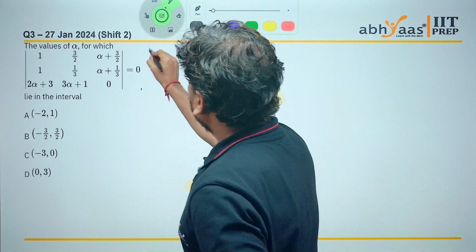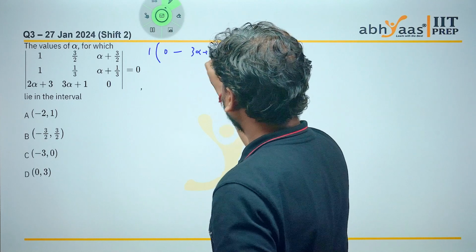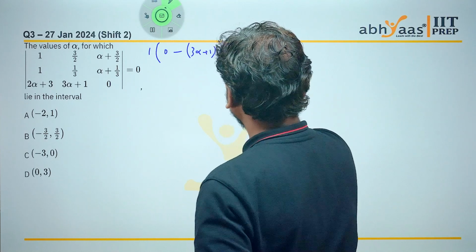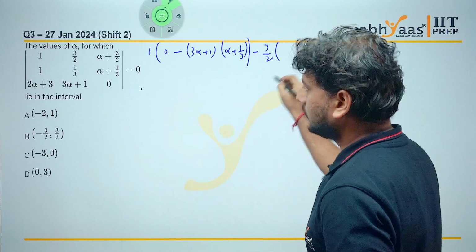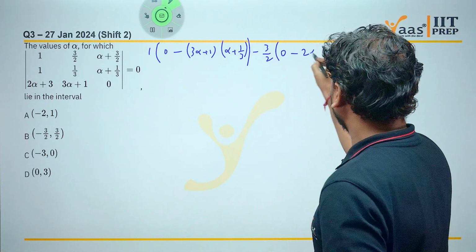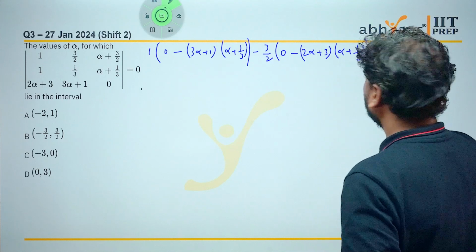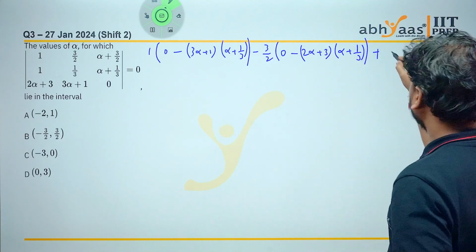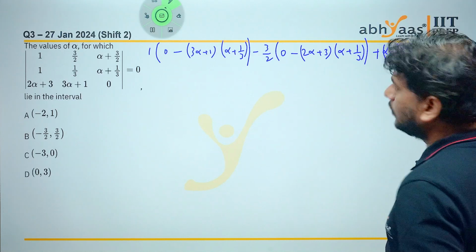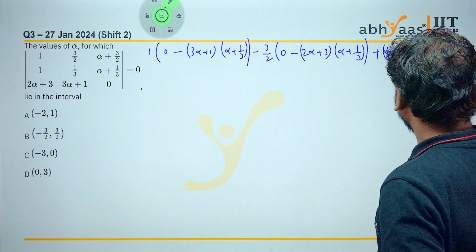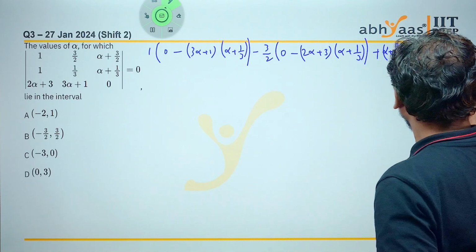Let's open the determinant: 1 into 0 minus 3 alpha plus 1 into alpha plus 1 by 3, minus 3 by 2 into 0 minus 2 alpha plus 3 into alpha plus 1 by 3, plus alpha plus 3 by 2 into 3 alpha plus 1 minus 1 by 3 into 2 alpha plus 3.